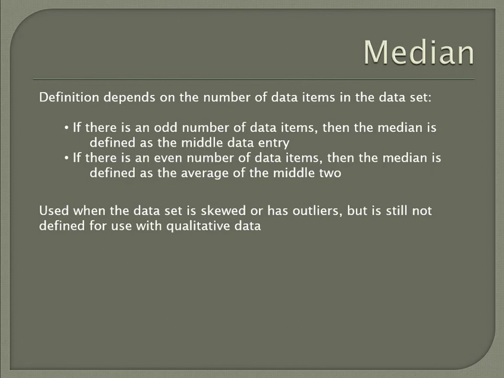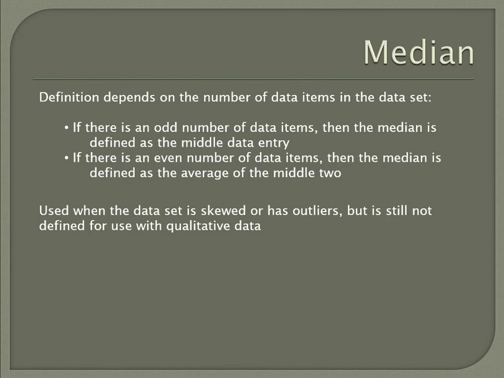Now the median is used when the data set is skewed or has outliers. The reason that that is the case is because you're only looking at the one value that's in the middle of all the data entries. And so that value is the least likely to be an outlier.